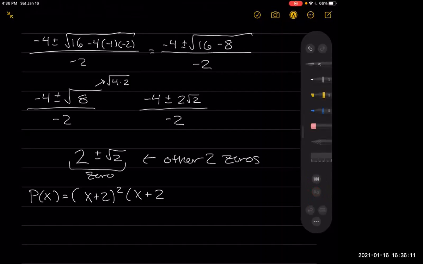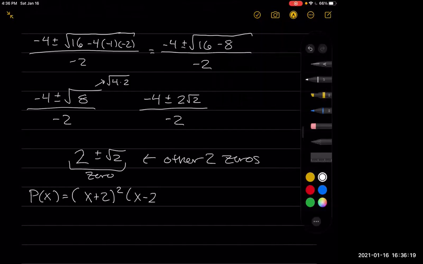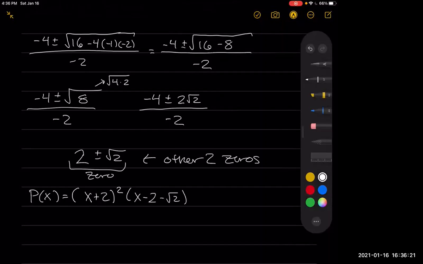So we write that with a minus. All right, so x minus 2 minus the square root of 2, and x minus 2 plus the square root of 2. So this is our factored form, and then we will write our zeros as negative 2, 2 plus the square root of 2, and 2 minus the square root of 2.